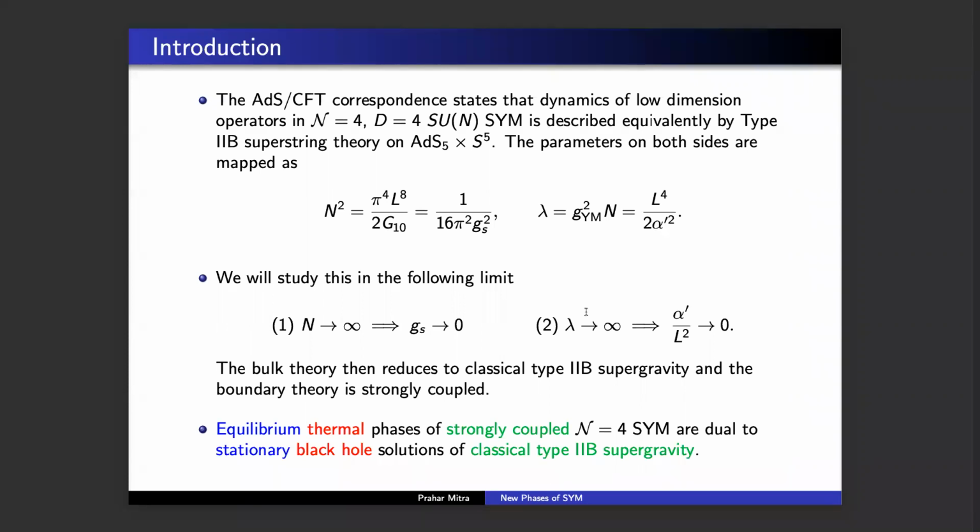If I'm interested in studying equilibrium thermal phases of strongly coupled super Yang-Mills, these phases can be studied by alternatively analyzing stationary, which comes from equilibrium, black hole solutions, and here black hole means that's why they're thermal, solutions of classical type 2B supergravity. So that's what I'll be doing in this talk.